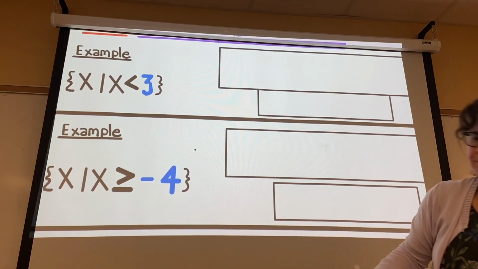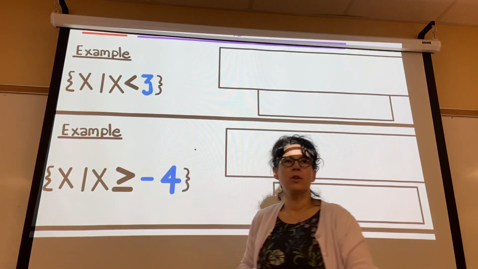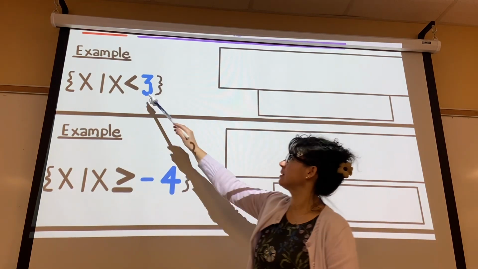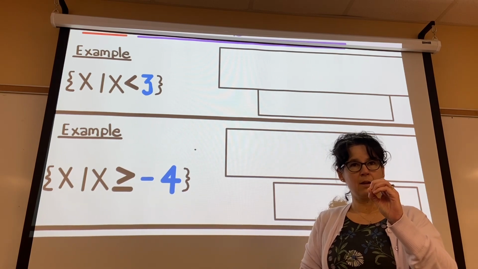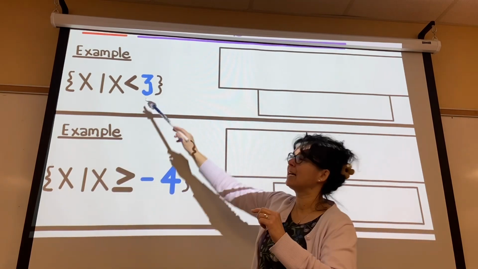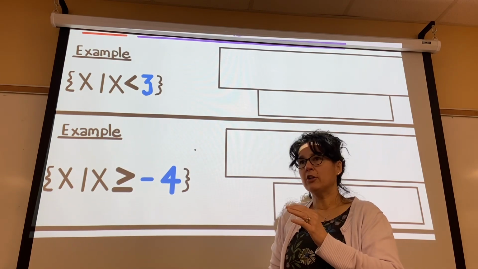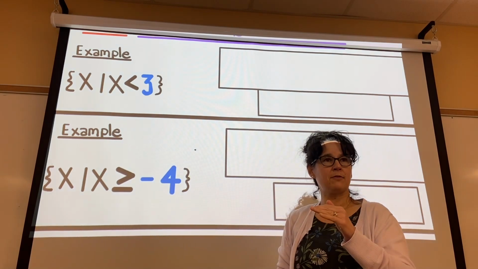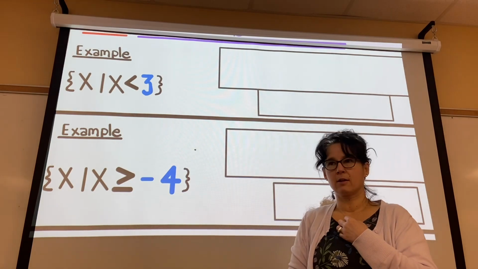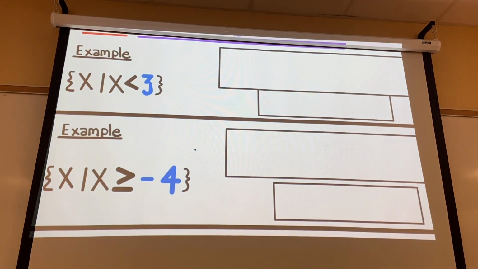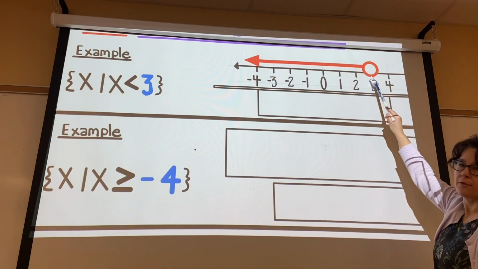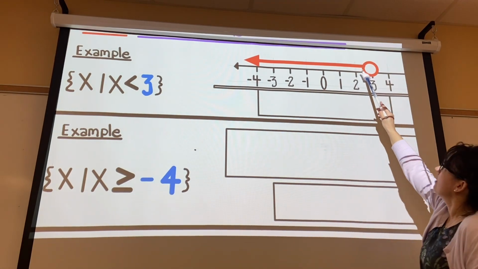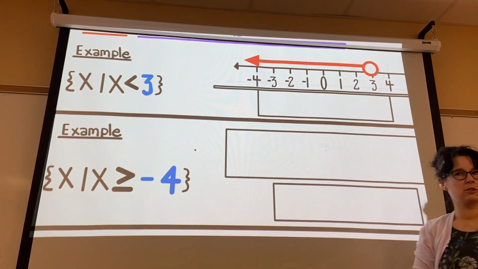Okay, and so then we go to the number line, and because this is not underlined, we put an open dot at 3. Now, if this is less than, on a number line, should you move to the right or the left to find numbers that are smaller than 3? The left. So here's our open dot at 3, and every number to the left makes this true.